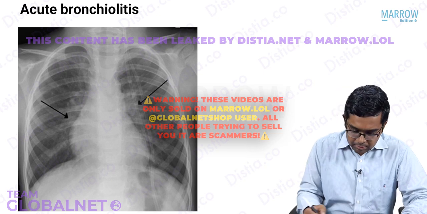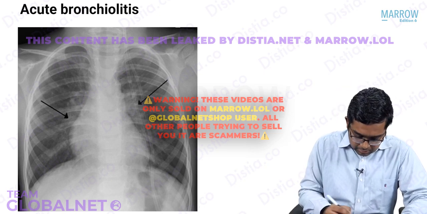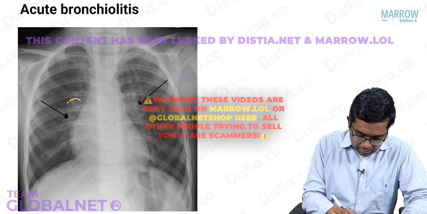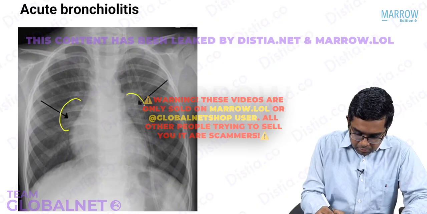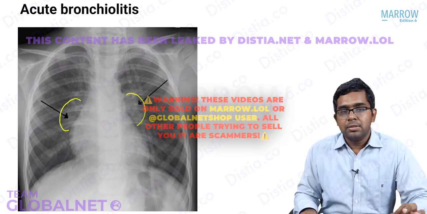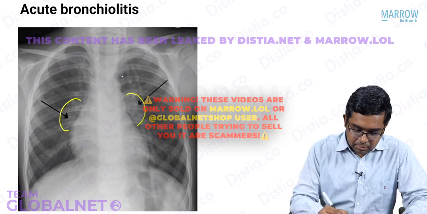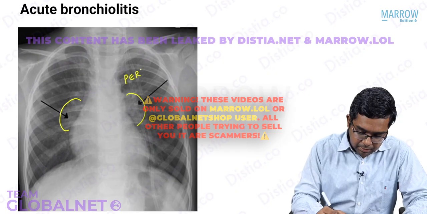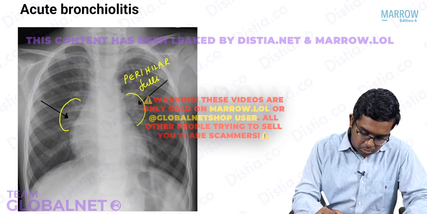Surrounding the hilar region, this area, there are a lot of white markings. It is nothing but bronchioles undergoing inflammation in that area, causing increased markings. This is what is called perihilar fullness, or also called perihilar cuffing.